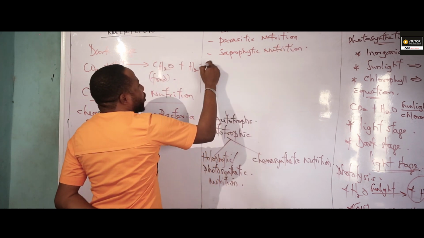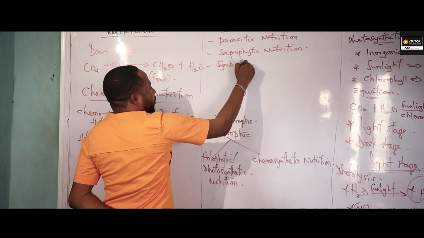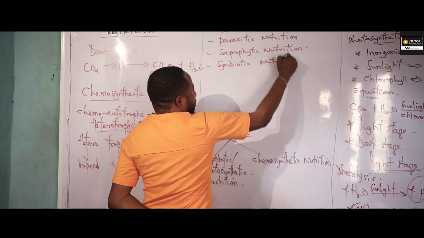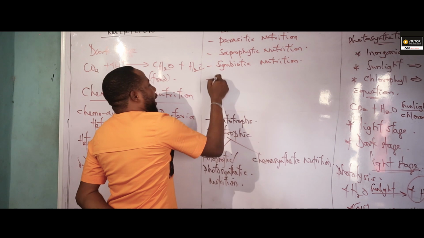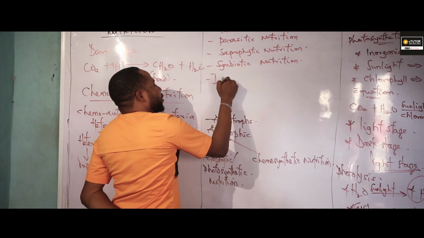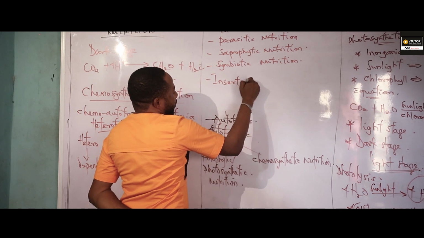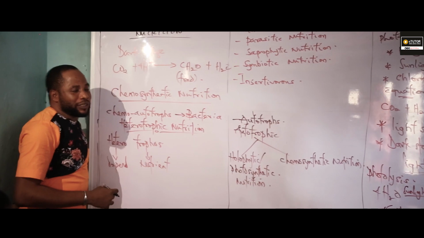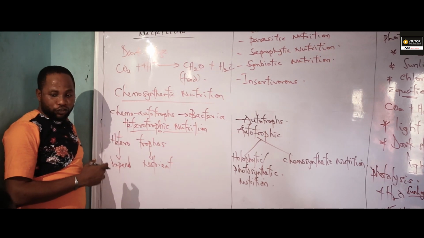We have Symbiotic Nutrition. And the last one, we have Insectivorous or carnivorous plants. So these are the 5 subtypes of heterotrophic nutrition.